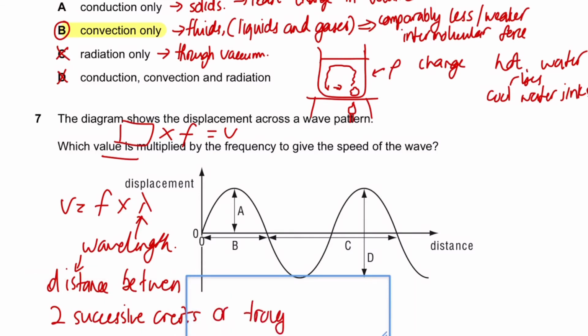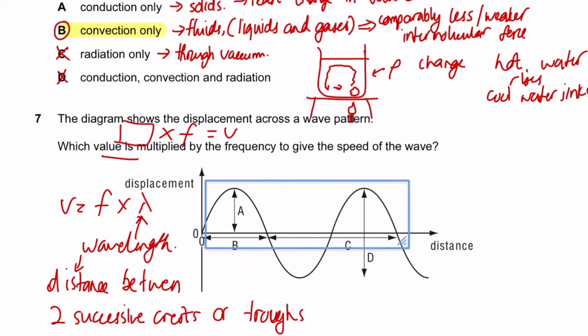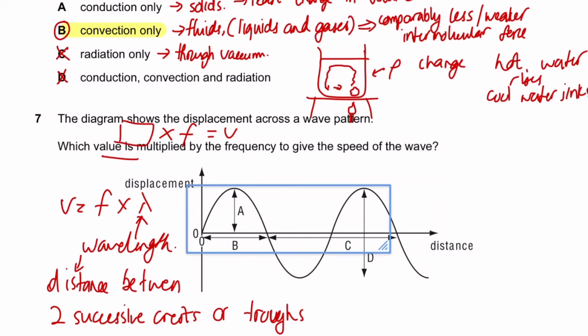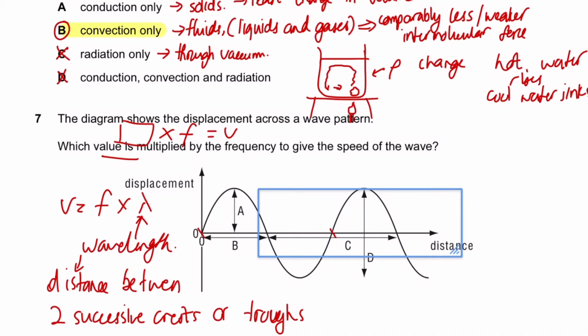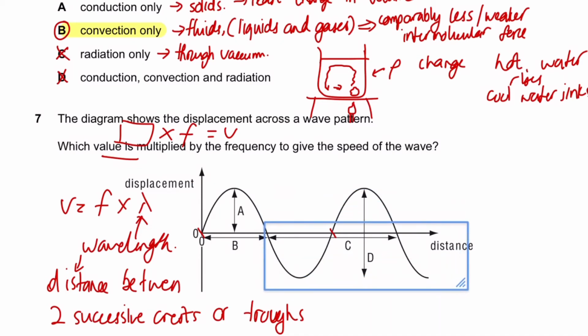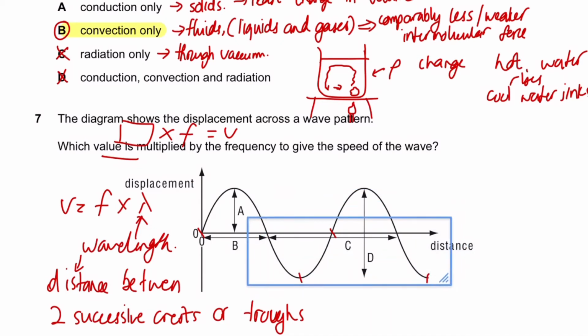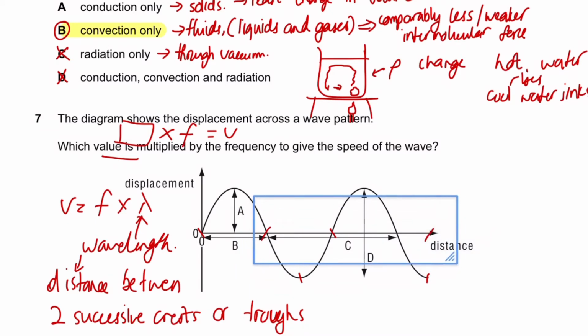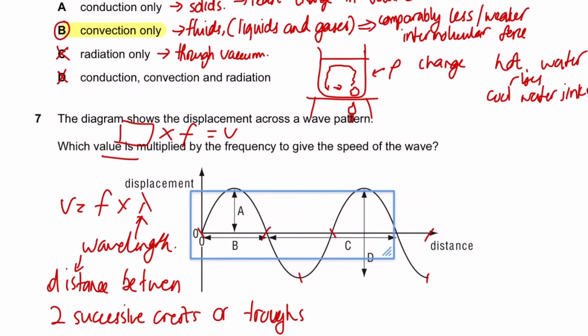I don't know how you pronounce this, but it is spelled like this. Or any length between 2 points, such as here to here, or here to here. Okay, I don't think you can identify that. Let's just go on with the options provided here.